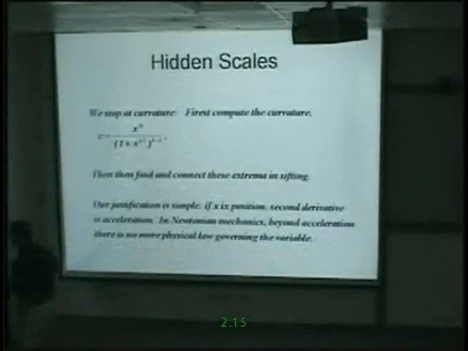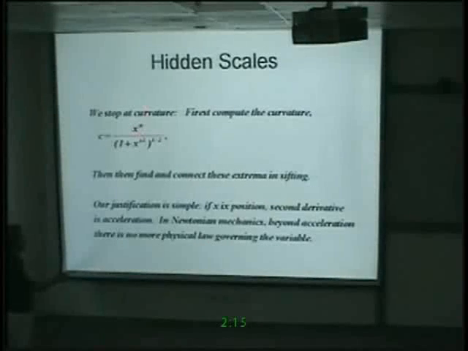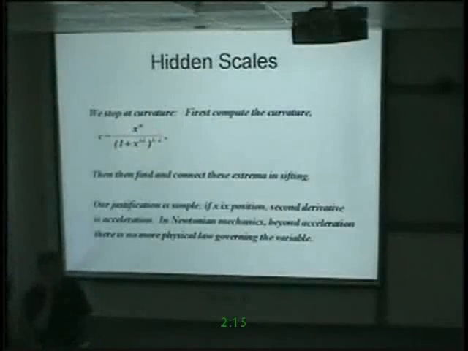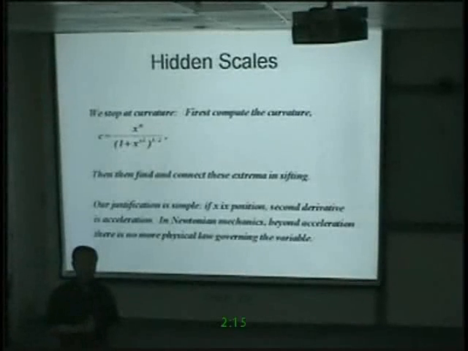If we go to curvature, we take the second derivative equal to 0. Now, what we did is we actually calculated the curvature, the radius of curvature. We don't even stop at the calculated curvature. We want to find the extrema of curvature. In fact, we already go to the third derivative, finding the maximum and minimum of the curvature.